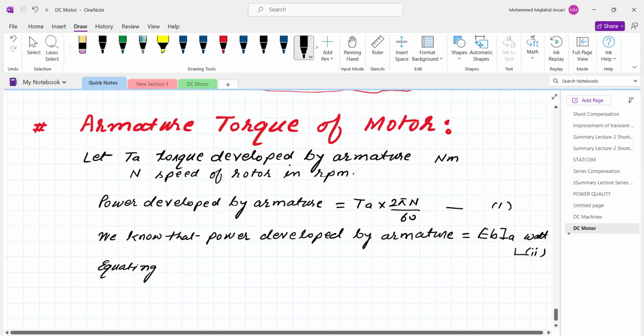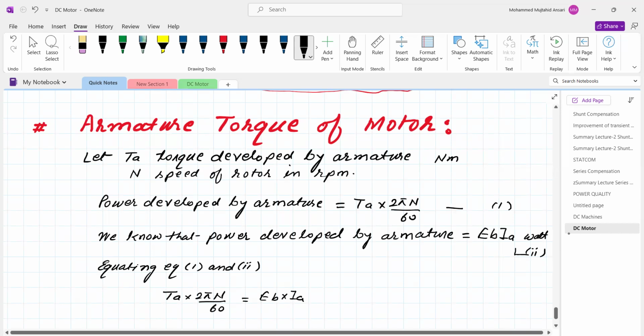Equating equation 1 and 2, we can write TA into twice pi n upon 60 equals EB into IA.